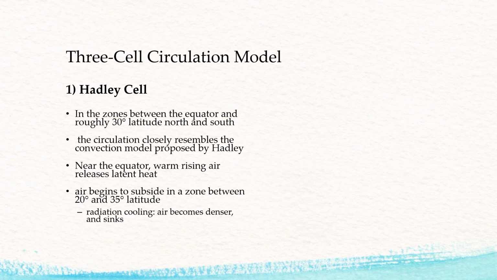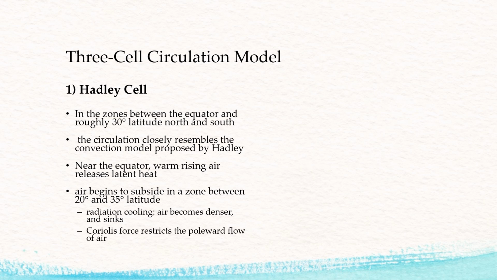The air becomes denser and it sinks. Remember that near the equator, the air was warm and it rises and releases the latent heat, and later on in the upper part, reaching 20 to 35 degrees latitude, this is the zone where the warm rising air begins to subside because of radiation cooling. The air becomes denser, that's why it sinks.